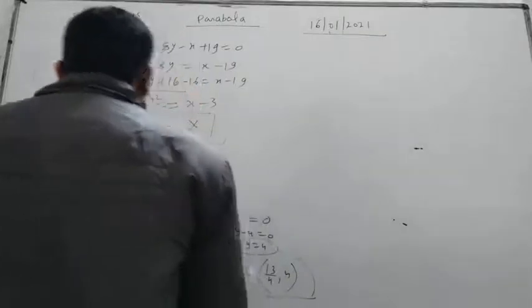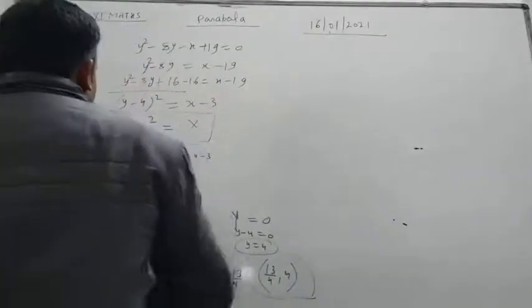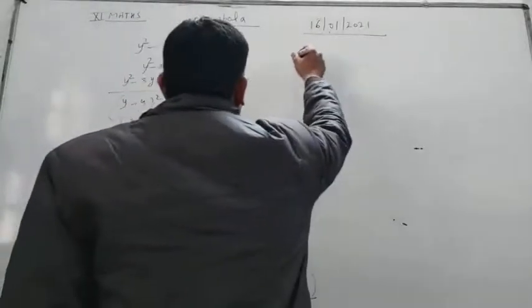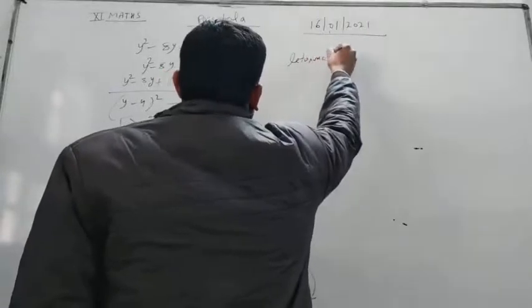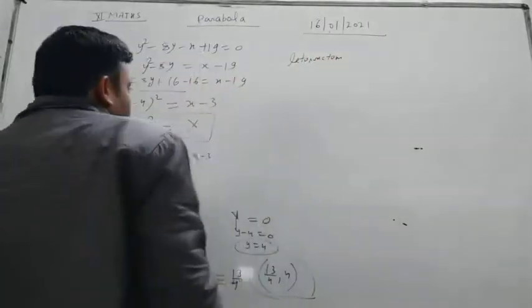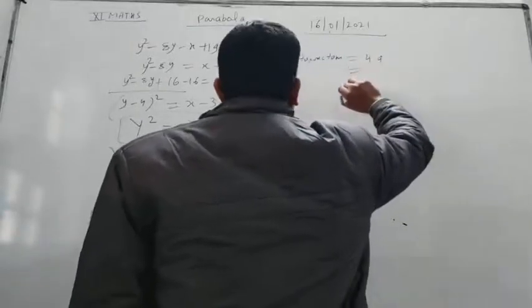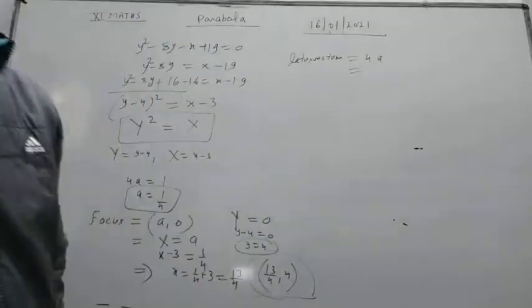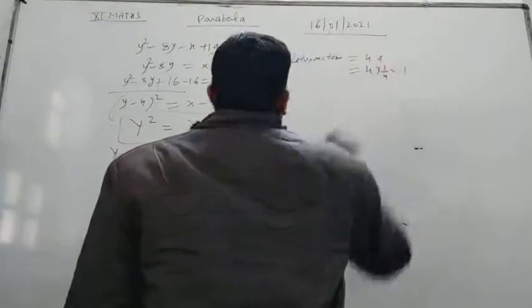Okay, student. Now our second thing is we have to find our latus rectum. So latus rectum, student, is equal to 4a, so it will be 4 into 1 by 4, so this is 1.